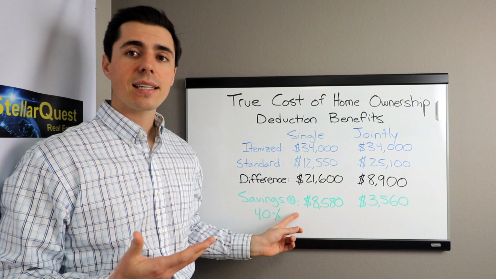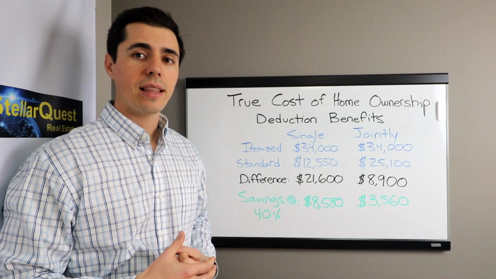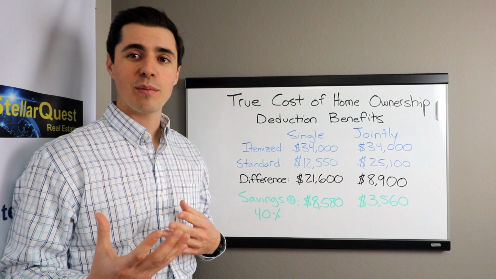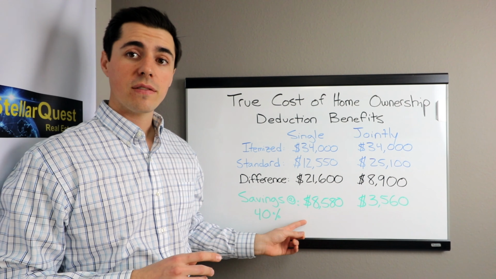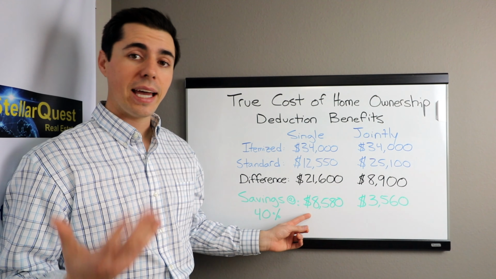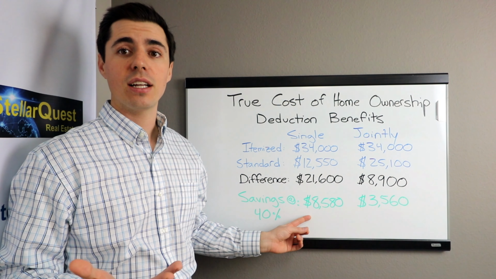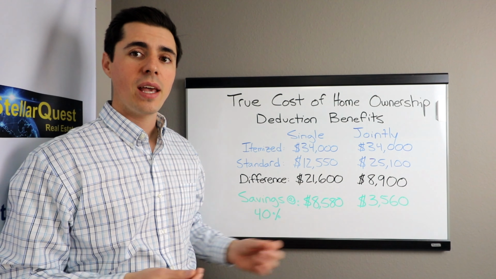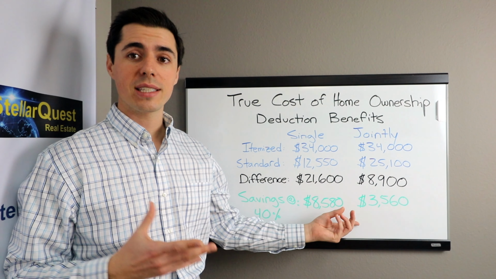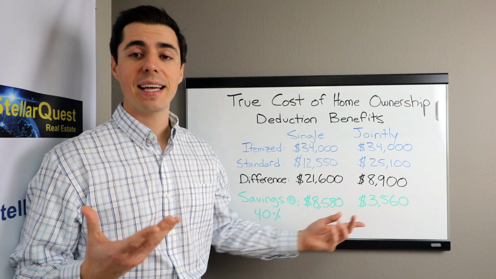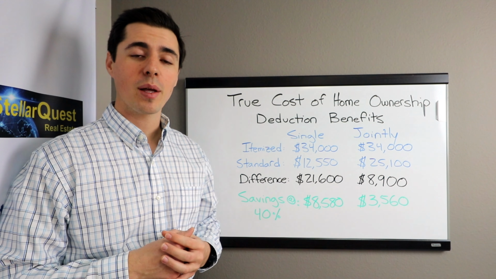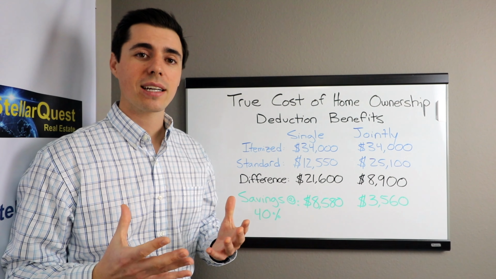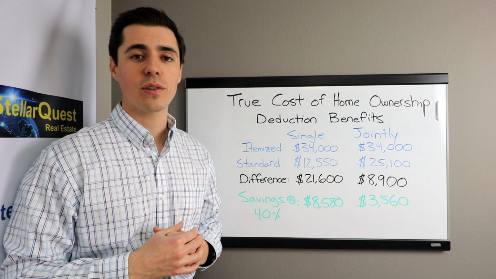If you look at what their tax savings would be, assuming that this amount of income is being deducted from a 40% tax bracket, the person filing singly would save $8,580 on their taxes every year, and the people filing jointly would save $3,560. So we're going to take that number, turn it into a monthly savings, and subtract it from our total cash outflow every month.